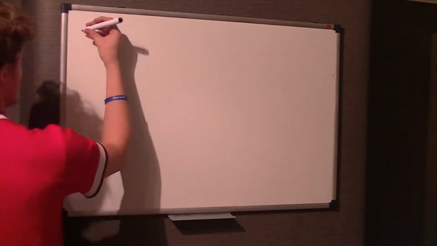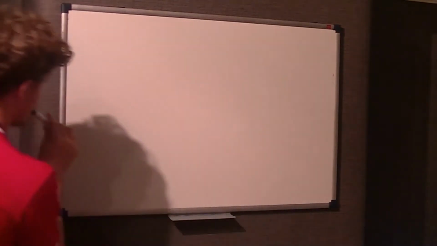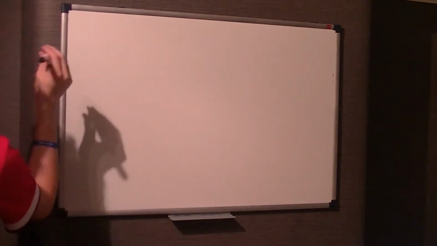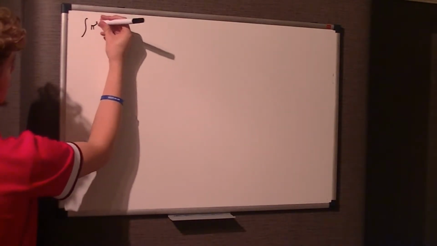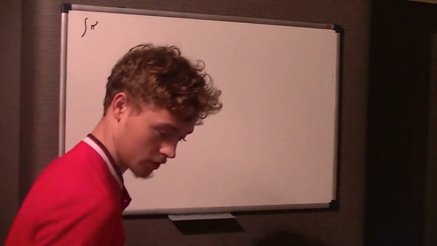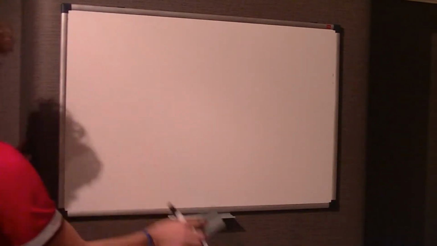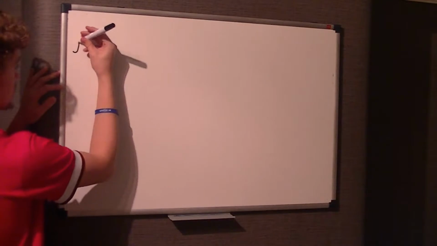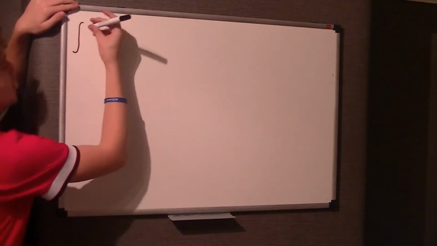Just going to give you the formulas that you need to know. For the x-axis, it's the integral of pi. Because obviously you will be asked to integrate between 2 points. Generally, you won't just be asked to integrate.